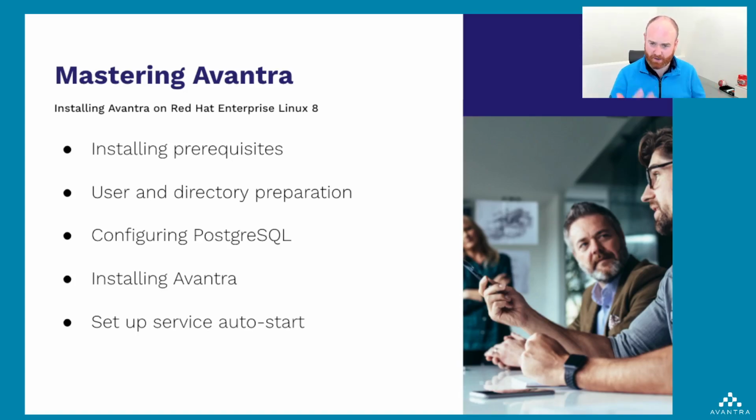We then went ahead and installed Avantra, downloaded the installers from downloads.avantra.com, ran them, set everything up, and then we moved to adding those services as auto-starting services using the system control feature within Red Hat, and there's similar versions in all versions of Linux.